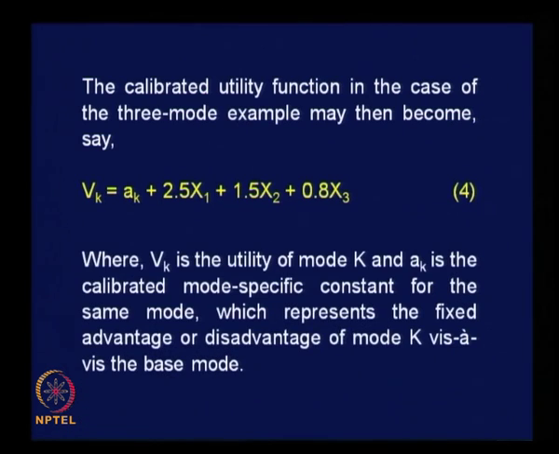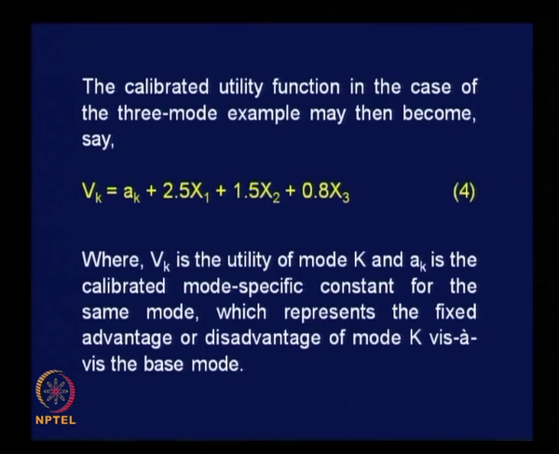Where Vk is the utility of mode k and Ak is the calibrated mode specific constant for the same mode, which represents the fixed advantage or disadvantage of mode k vis-a-vis the base mode. That is our interest. We consider one mode as a base mode, with respect to that whether the other mode has got an advantage or disadvantage can be easily assessed by this approach.